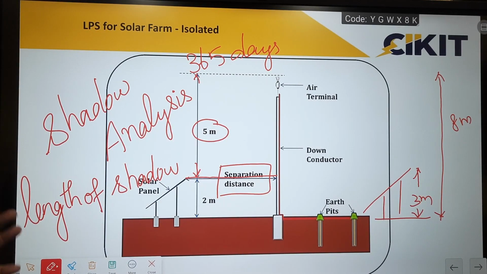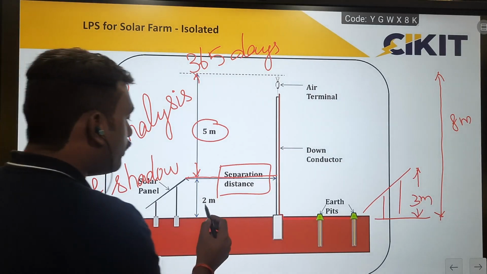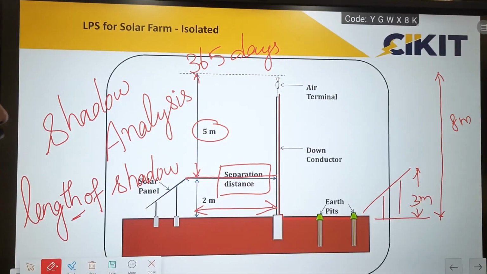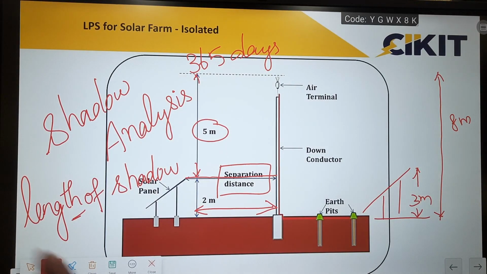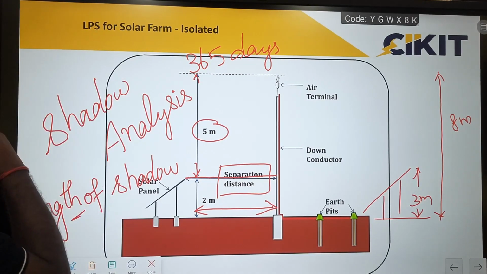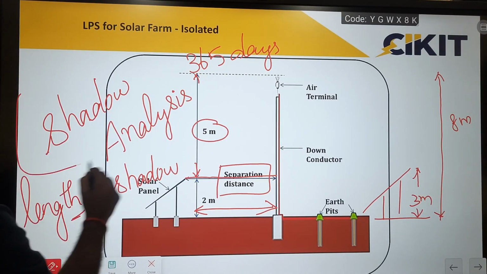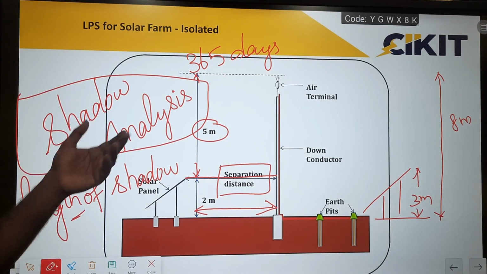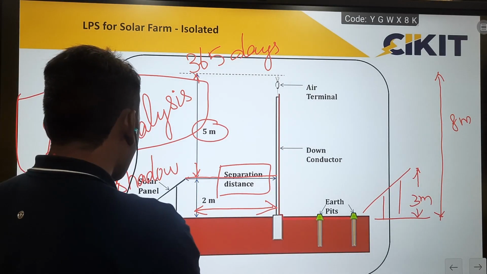We will test the shadow length on that particular day, and based upon the length of the shadow, we will provide sufficient spacing between the air terminal and the solar panel, so that the shadow won't have any effect on the power generation. Tracing the shadow terminals using this software, shadow analysis should be done properly to avoid the effect of shadows on power generation.